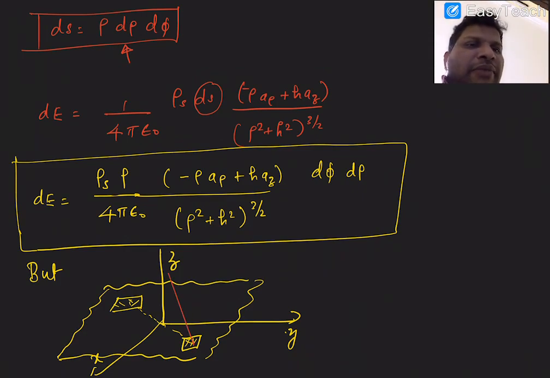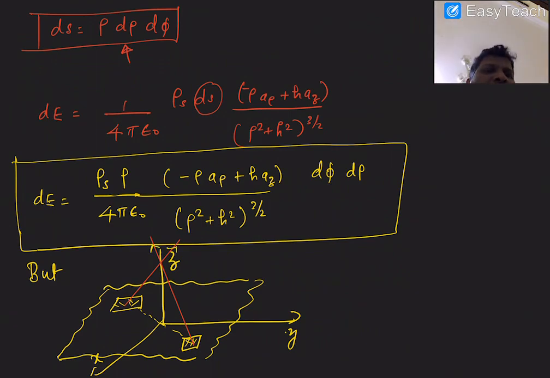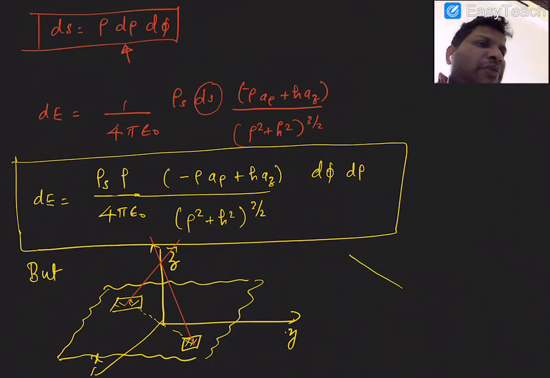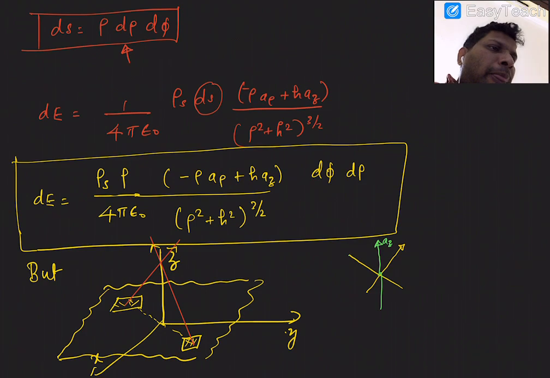This will create some electric field along this direction. Similarly, this will create some electric field along this direction. Now, if there are two things coming, I will redraw it again. One is coming like this, another is coming like this, and this is your z axis. Now you see this is coming like this, and this is coming like this.